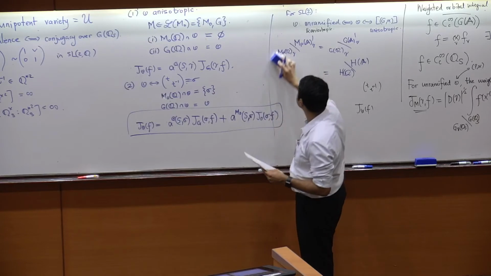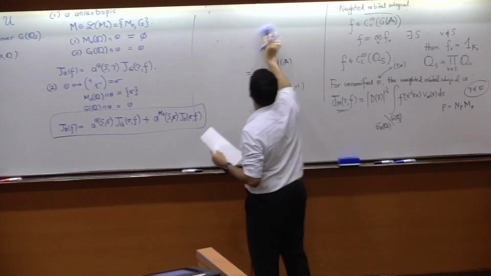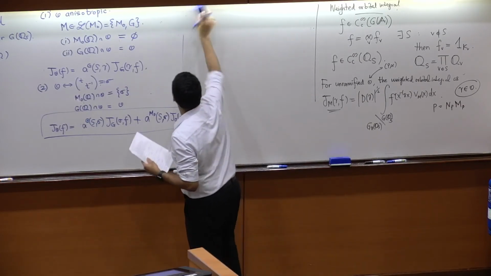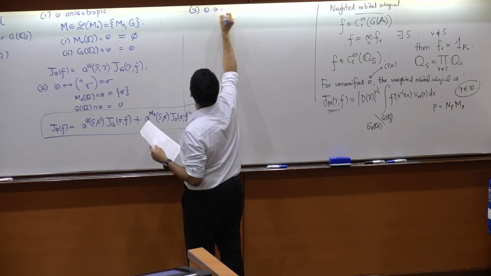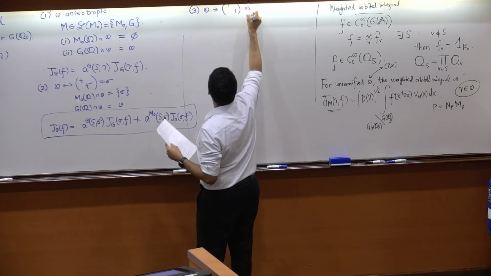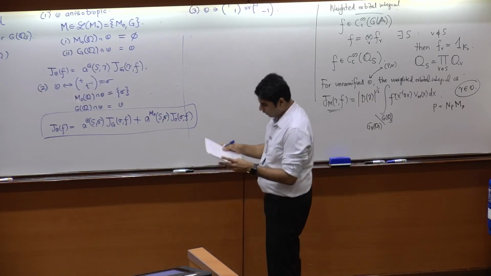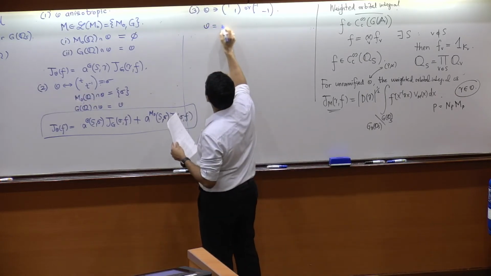And in the final case, O contains the element 1, 1 or 1, minus 1, minus 1. In this case, O is the unipotent variety.